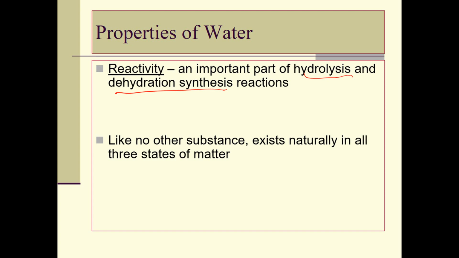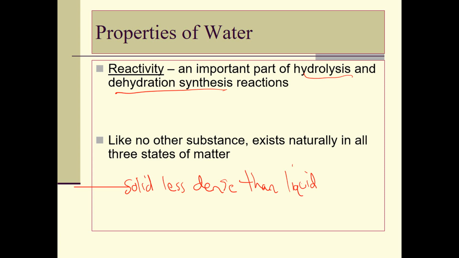Like no other substance, it exists naturally in all three states of matter. The only other property I want to mention is that the solid is less dense than the liquid for water, which means ice floats.